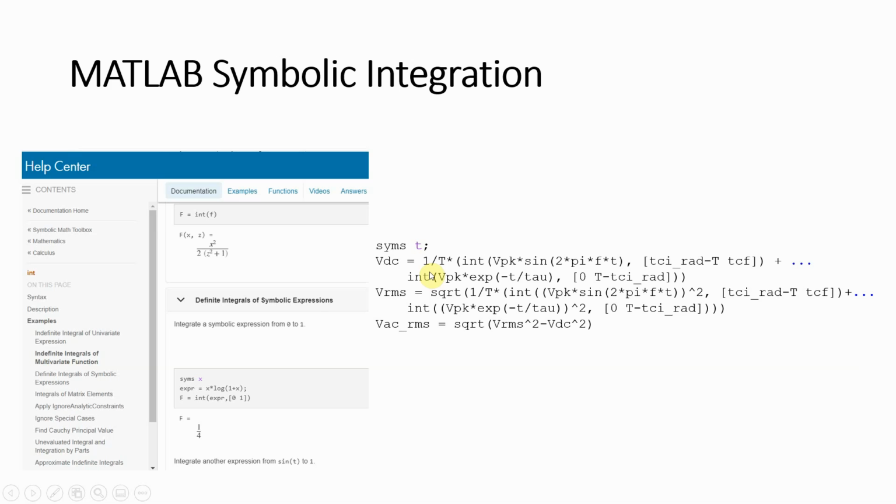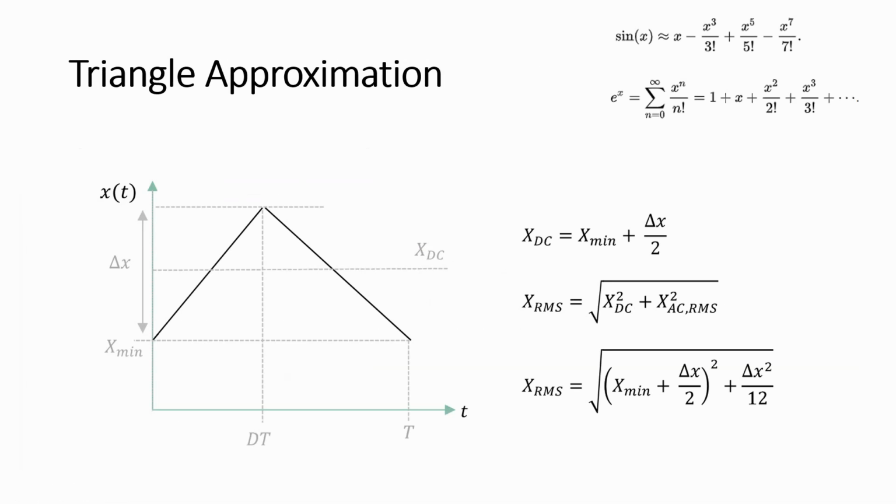sometimes we can assume it's very small compared to the whole period. So this one also might look like a line.